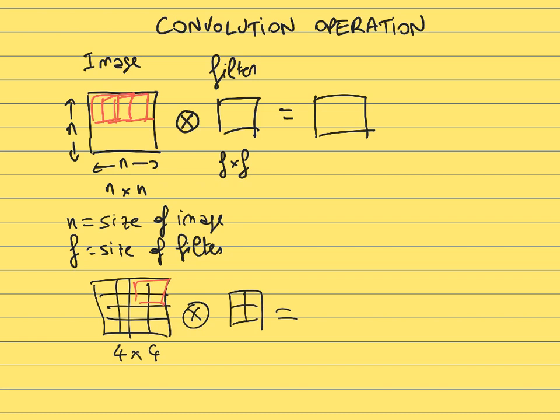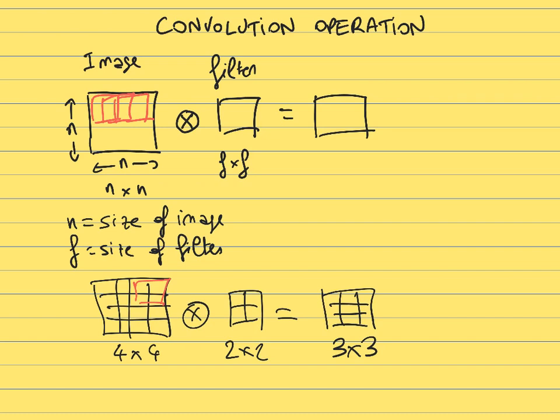So this will give you a 3 by 3 image at the end. So if you convolve a 4 by 4 image with a 2 by 2 filter, you will get a 3 by 3 output.